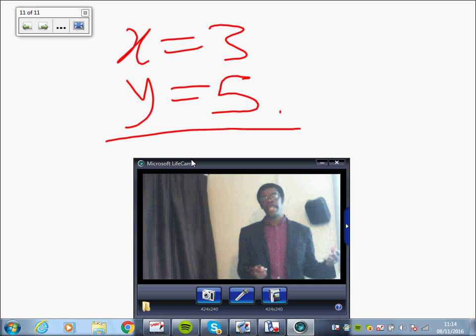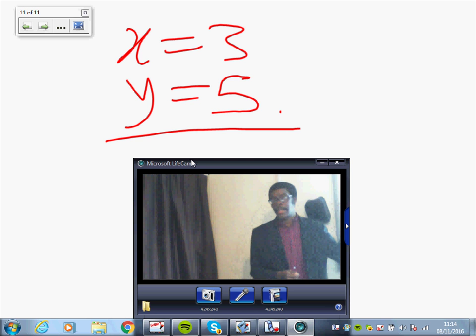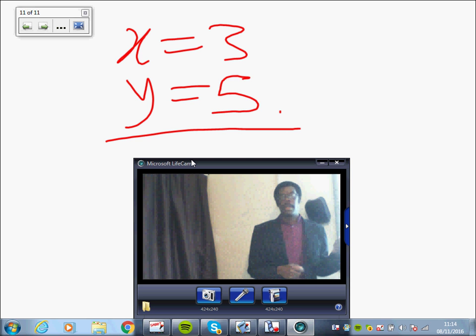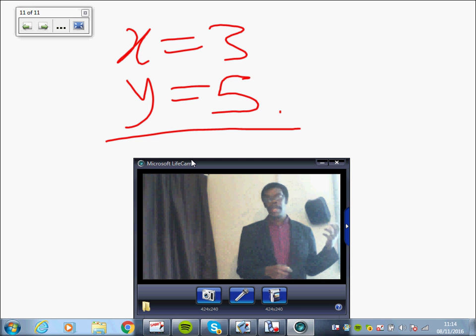Both these equations share the values. The values we have worked out are x is 3 and y is 5. If you plot this on a graph, it's x, comma y, which is 3, comma 5. But that's not the topic here.